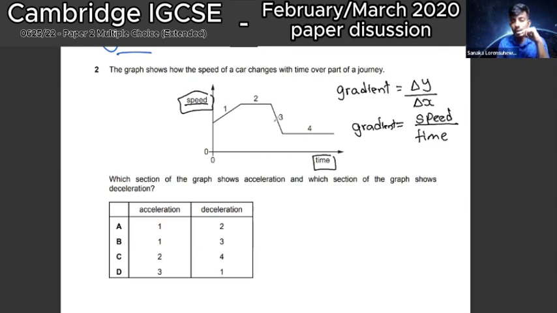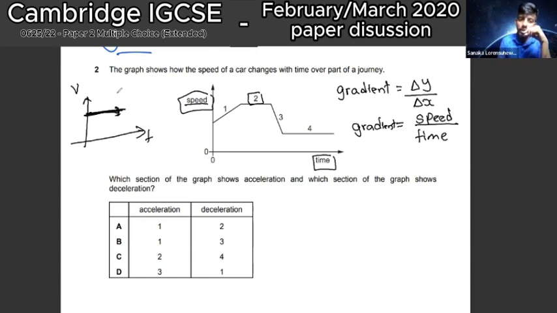Then how do we represent the second one? This is the time axis, and this one is speed. The horizontal line represents constant speed.